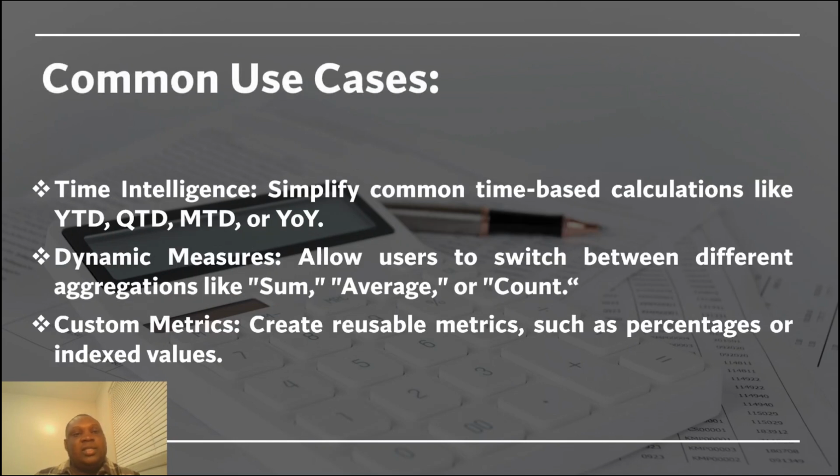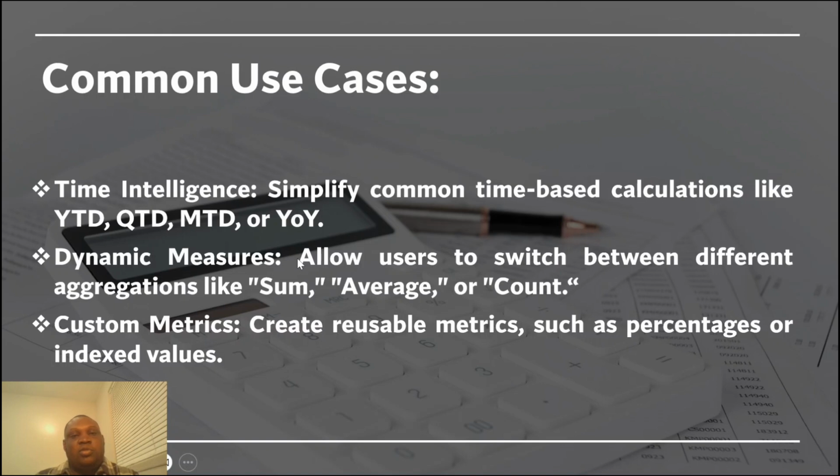Now, let's look at some examples of use cases of calculation group. For example, you might create a time intelligence calculation group that helps you simplify common time-based calculations like your year to date, quarter to date, month to date, year on year, week to date, and so on. Number two example here is dynamic measures.